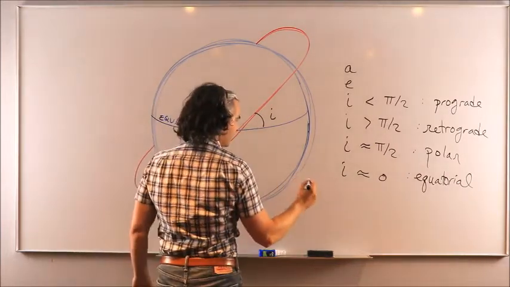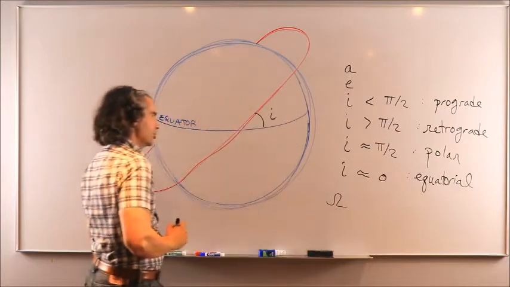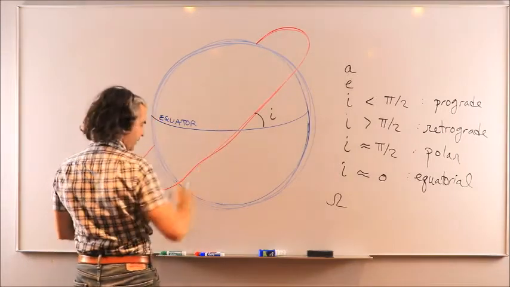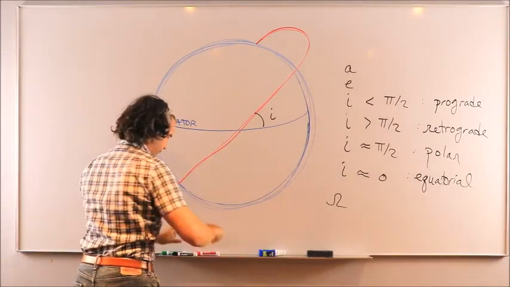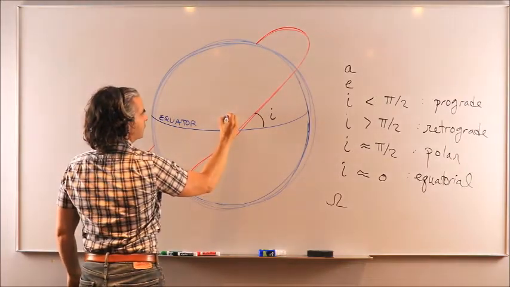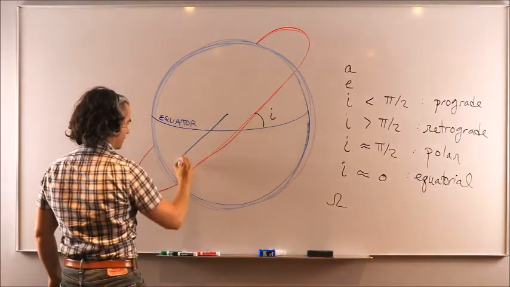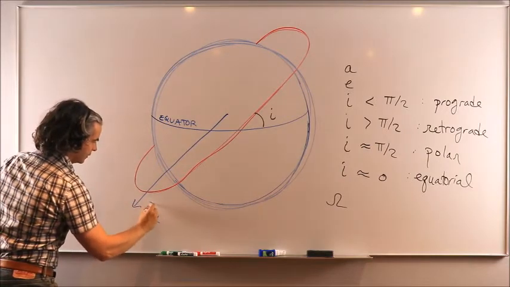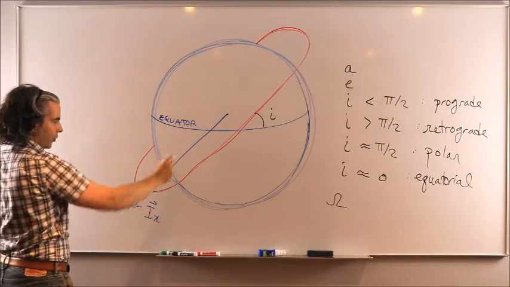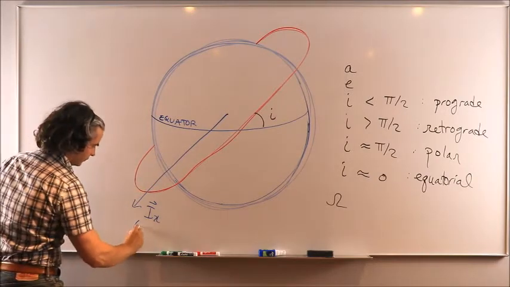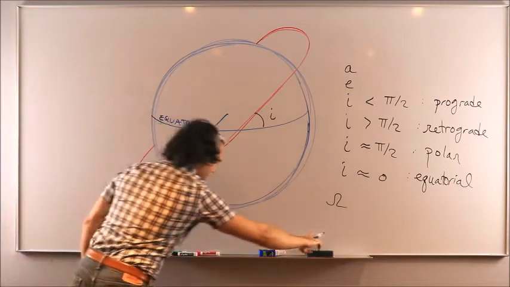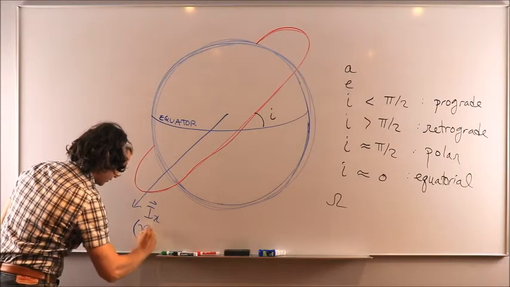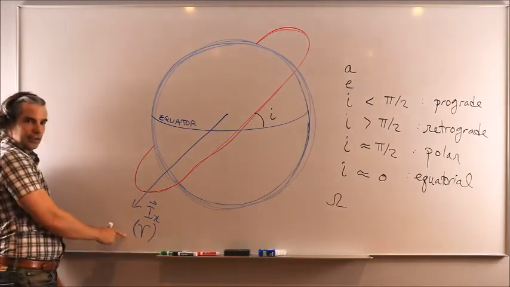Then we also have RAAN, right ascension of ascending node. This is the angle that is defined between Ix, which points at some star, Aries, in the direction of the vernal equinox. I'm not too good at astronomy, but I think the vernal equinox is denoted by that symbol.